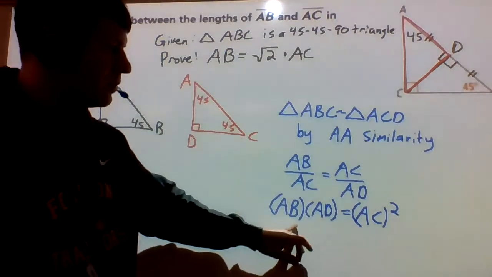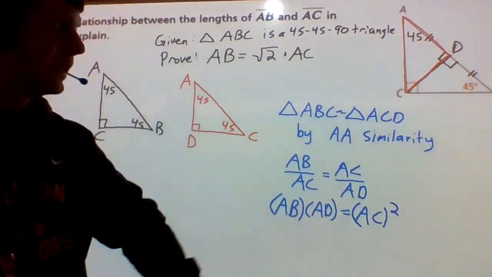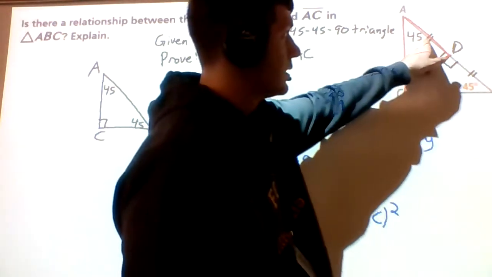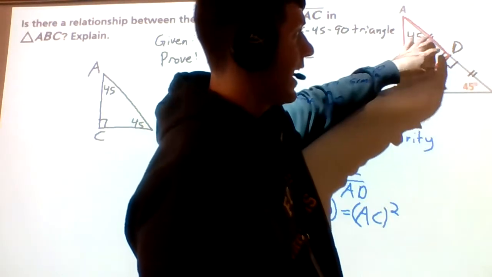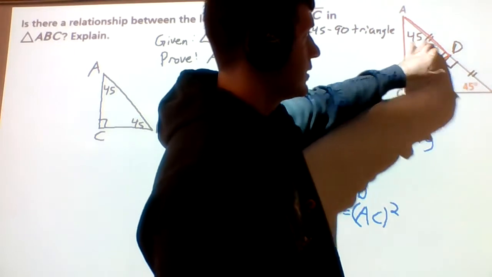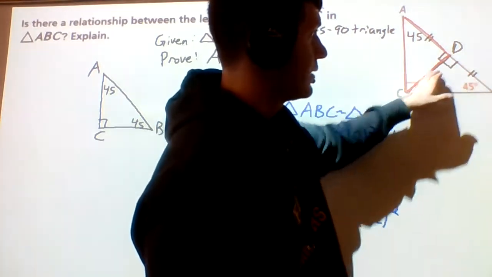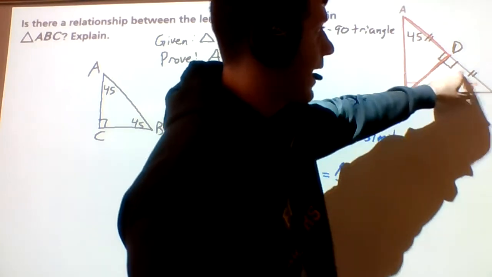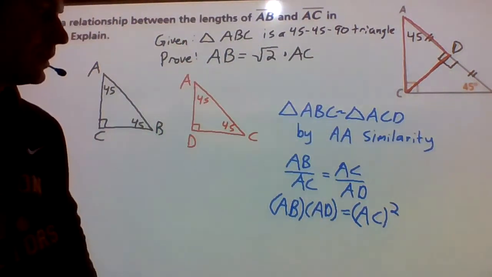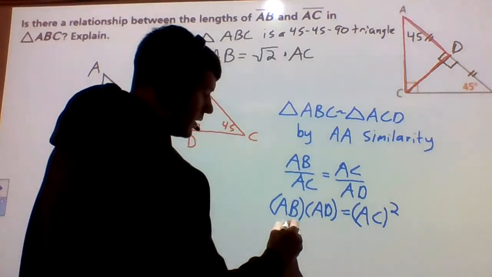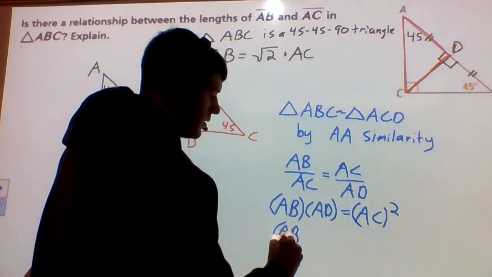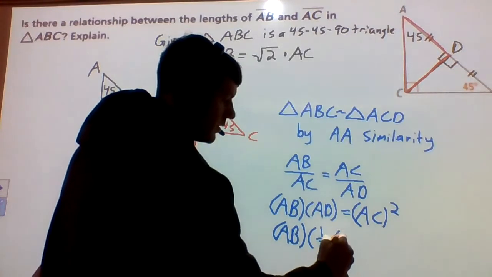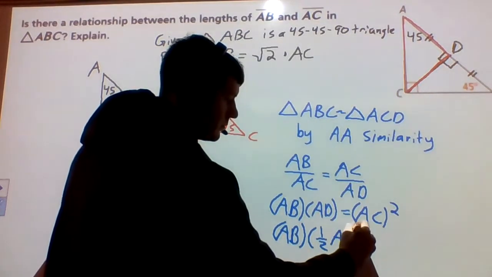So we want to relate AB to AC. The problem is we have an AD in there. But we can relate AD to AB because AD is congruent to BD, since our altitude was a perpendicular bisector, so AD is going to be half of AB. So we can do AB times a half of AD.